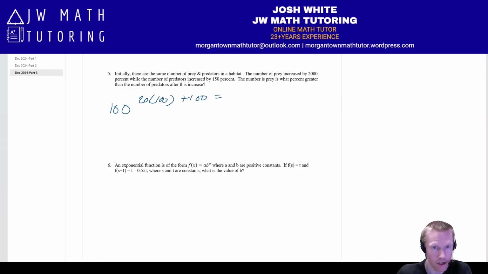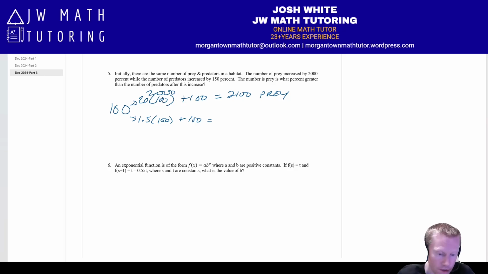So we started at 100, we're technically increasing by 2000, and we are going to end up at 2100. That is for the prey. Now, for the predators, they're going to increase by 150%. As a decimal, that's just 1.5. Multiply that by 100, add 100 to the original. This is just going to be 150. So we end up at 250 for the predators.